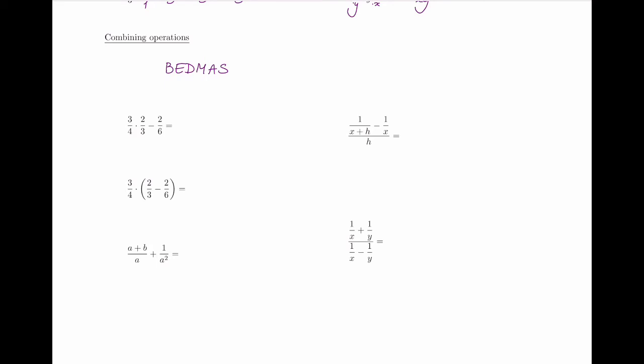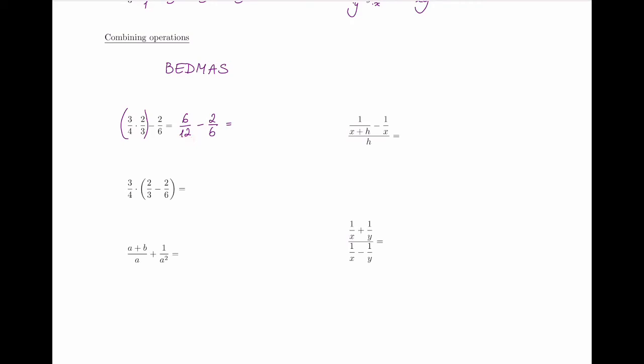Now, if I were to multiply across first, it's probably worth it to put the brackets because it's easier to remember that whatever's in brackets you really should be doing first. So I'm going to have 6 over 12, and then I have minus 2 over 6. And then here, once again, I'm reminded of the fact that when I'm looking for common denominators, it's best to look for least common denominators, in this case it's going to be 12.